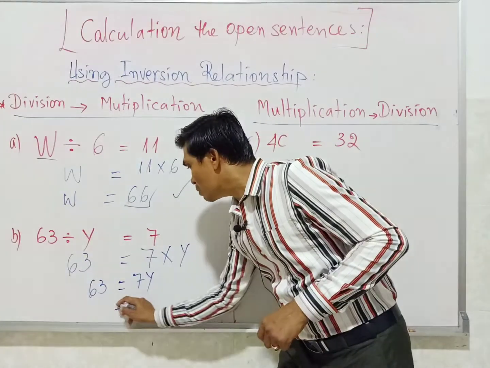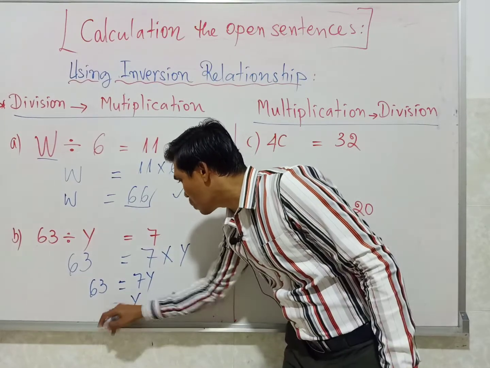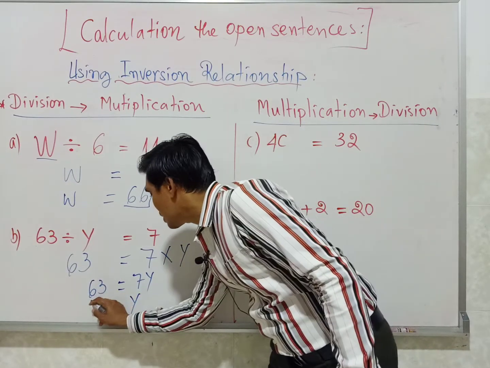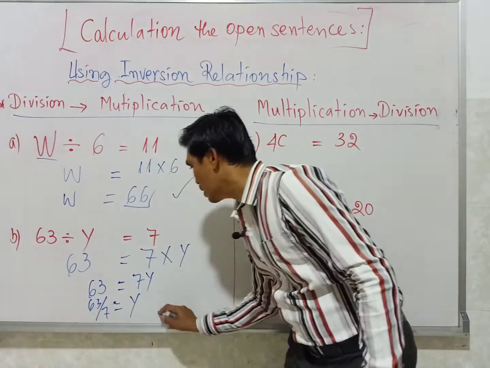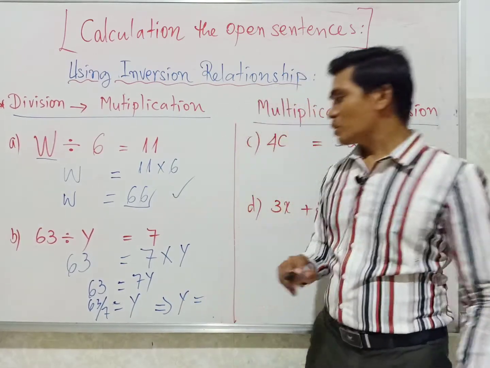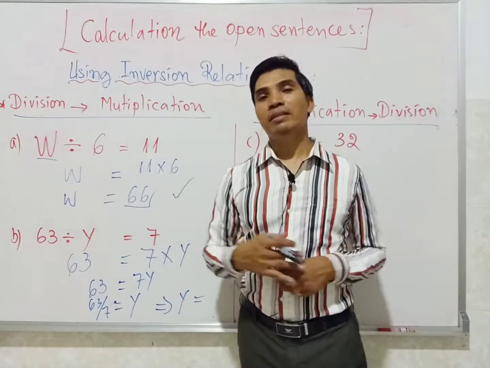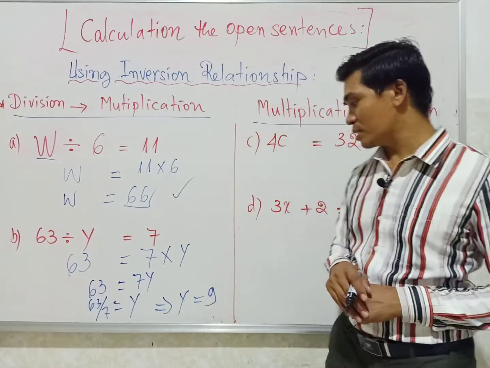So to have 1y, we have 63 divided by 7. So y is 9. Okay, y is 9.